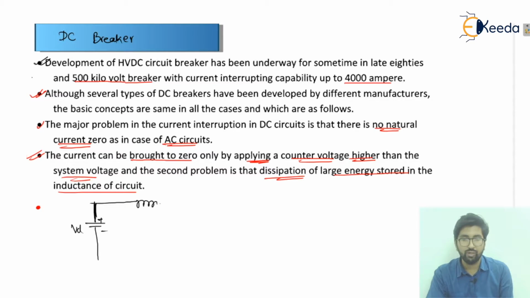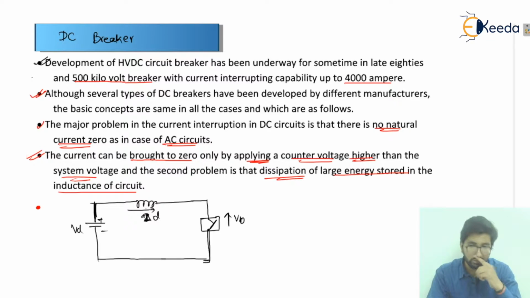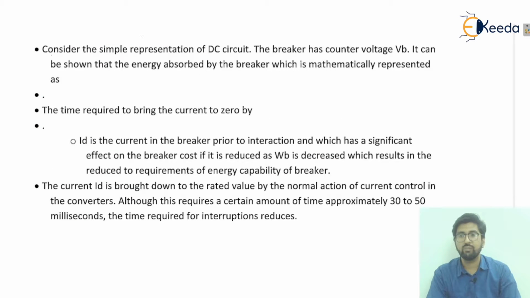Here is your inductor, and here is the neutral wire, and there is a current interruption switch, represented like this. This is your VB, this is the current which is flowing, ID, and VD is represented here. Now we will talk one by one about what it is all about.